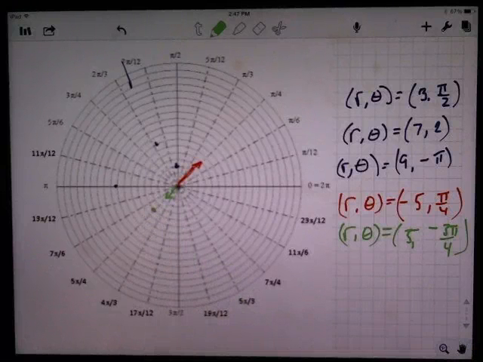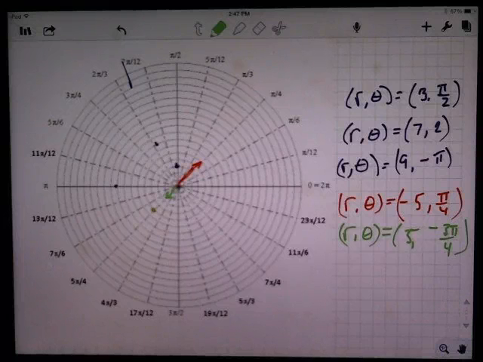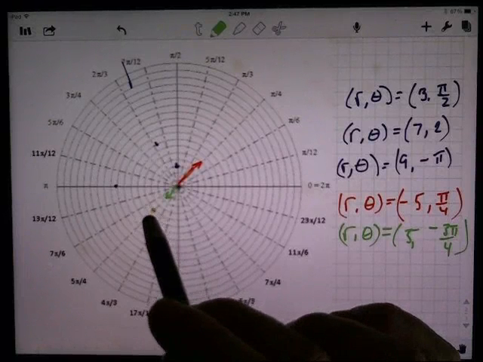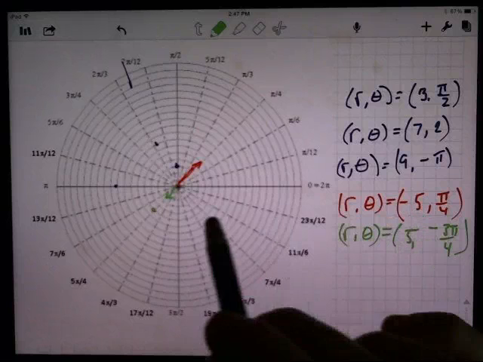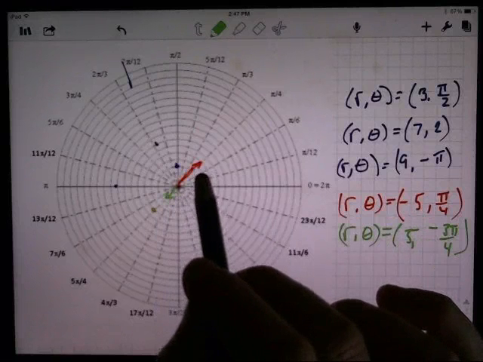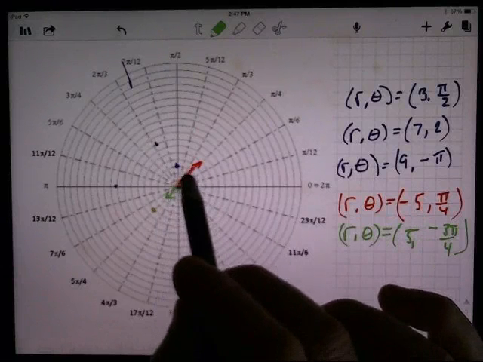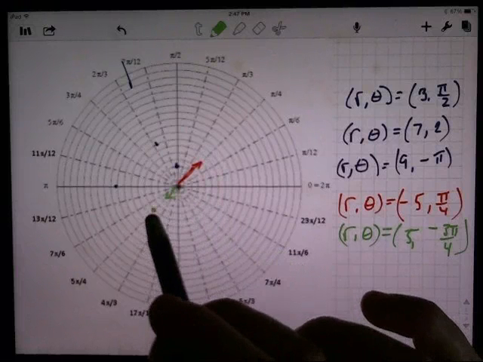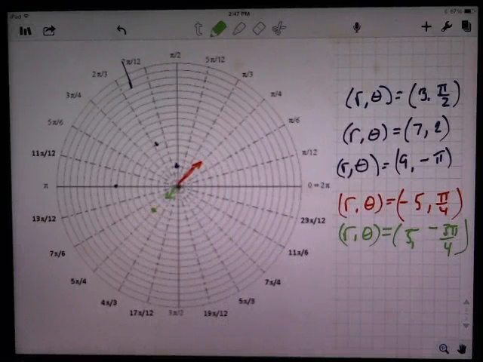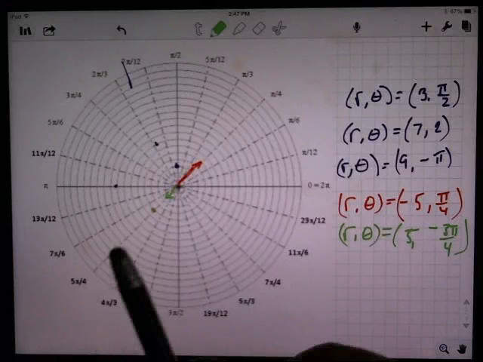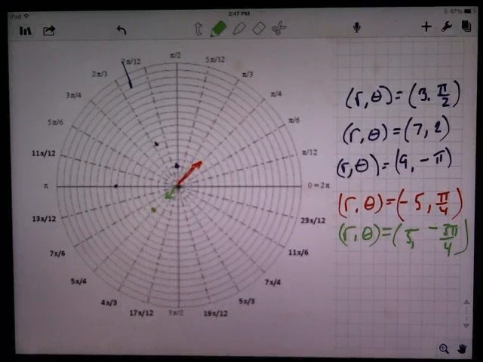As long as your angle is coterminal, and you go the same distance out, you're going to end up in the same place. Or, because we're allowing negatives, maybe your angle isn't coterminal, but it's pointing in exactly the opposite direction, and then you go a negative distance, and you end up in the same spot there, okay? So there's going to be infinitely many ways of writing the same point with polar coordinates.